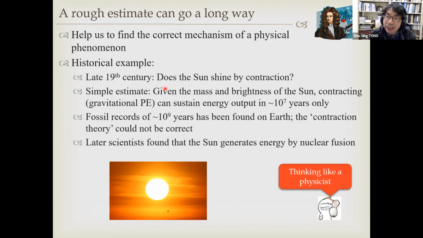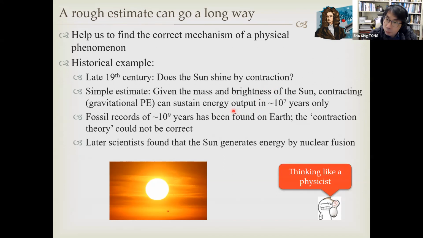Some people, for example a person called Kelvin, said that the sun shines by contraction, because the sun contracts under its own gravity, so it can convert its gravitational potential energy into heat. So when the sun contracts, it heats up, and the heat is eventually converted into radiation. This is his theory about the contraction of the sun to support the energy output.